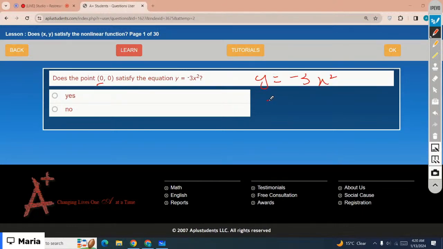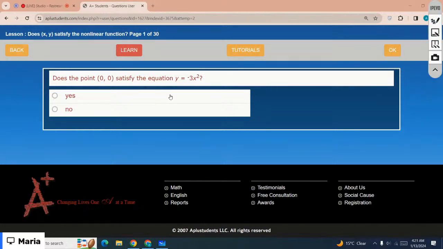So 0 equals negative 3 times 0 squared. 0 times 0 is 0. So yes, the point (0, 0) satisfies the equation. Got it? Because both sides are equal after replacing the variables with the values and evaluating, that means yes, (0, 0) is the solution of the given equation. The correct option is yes.